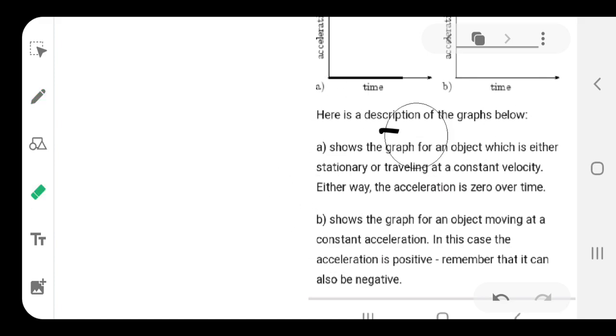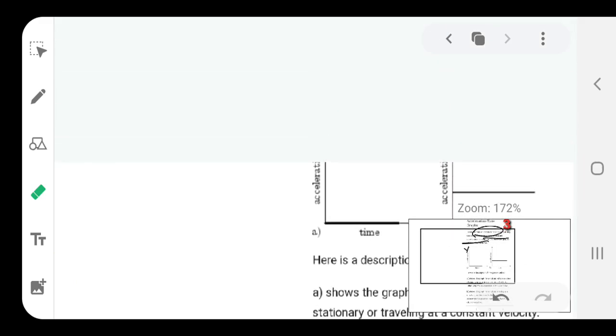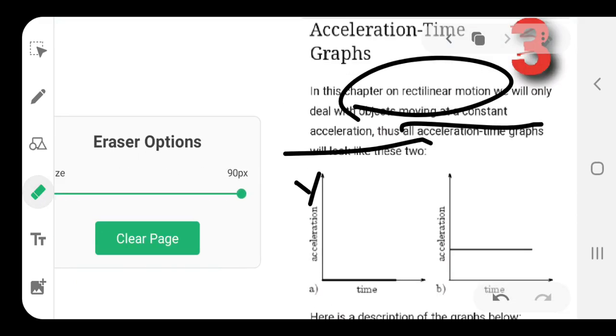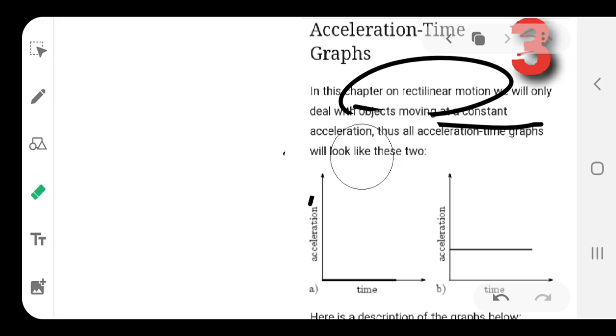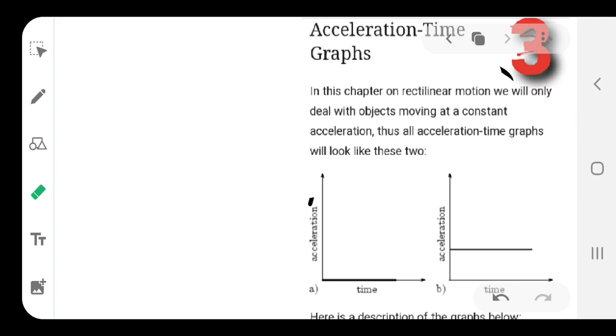But for the time being, you should know, since in this class we are basically dealing with the acceleration time graph with rectilinear motion, these two graphs must be known to you.